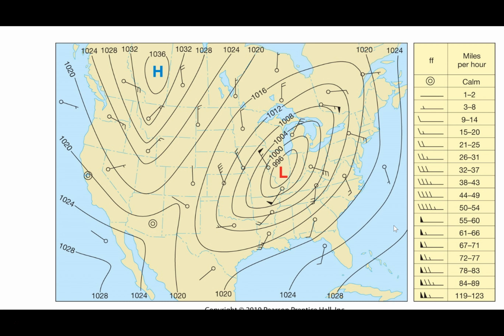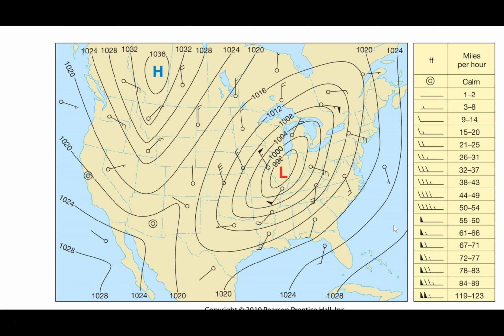We're going to step down. Notice the one outside is 4 lower, 1,032. What's the next one? 4 lower, 1,028. The next one, 4 lower, 1,024, 1,020. So these are very similar to the elevation contour maps we're used to. So, very good.